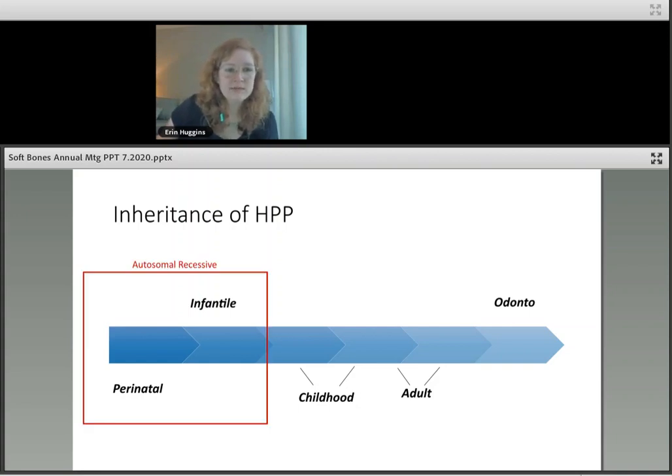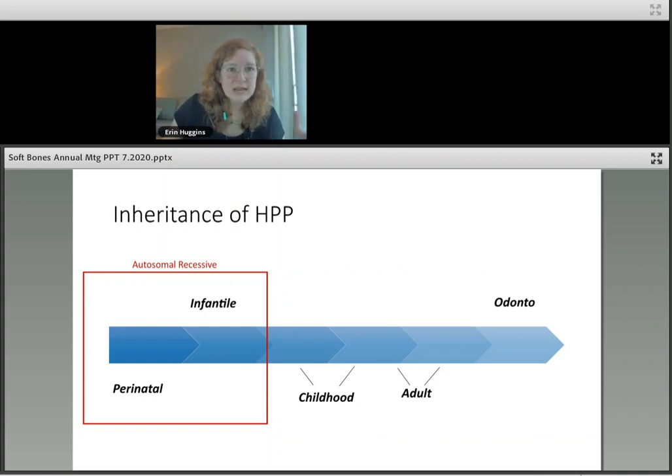So these more severe forms are typically autosomal recessive, meaning they need 2 mutations to have the disease. So if you remember Dr. Kishnani talking about the prevalence of HPP, the more mild to moderate forms, which again, we're kind of not wanting to use that term, but on the less severe end of the spectrum, is far more common, around 1 in 6,000 versus 1 in 100,000 for the more severe infantile or perinatal forms.